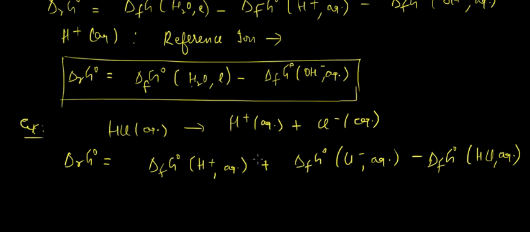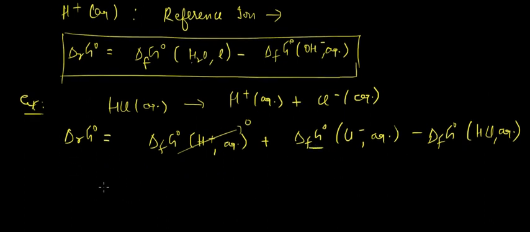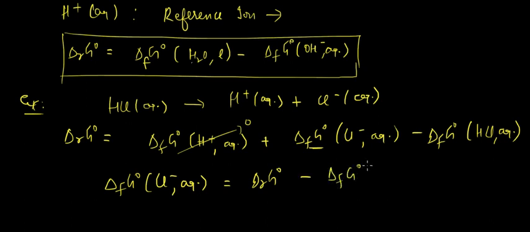Again delta F G naught for H+ aqueous would be considered 0, and here, if we know the delta R G naught for the reaction, we can calculate the Gibbs energy of formation of Cl- aqueous from delta R G naught plus delta F G naught HCl aqueous.